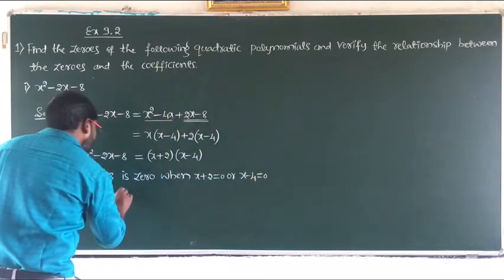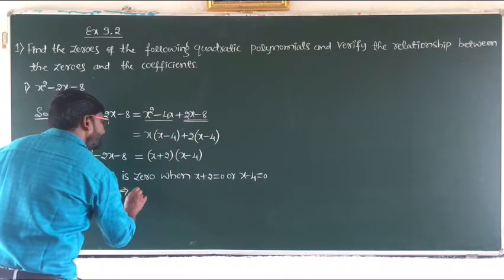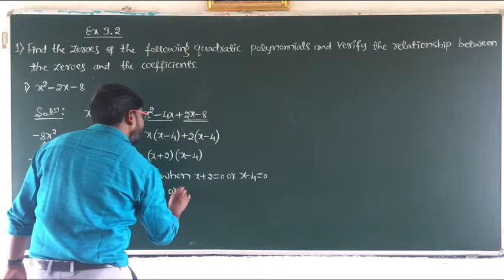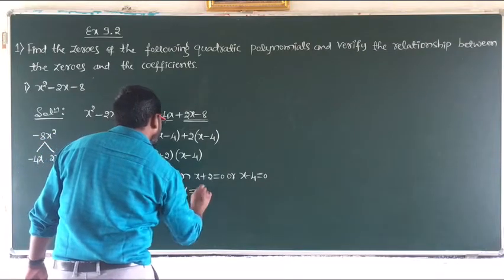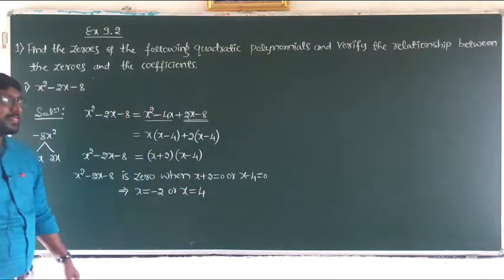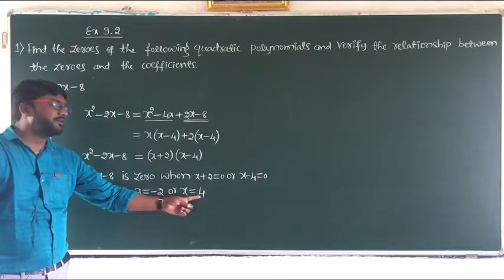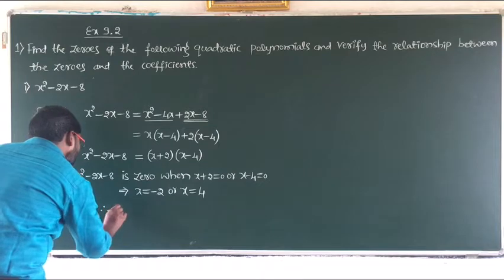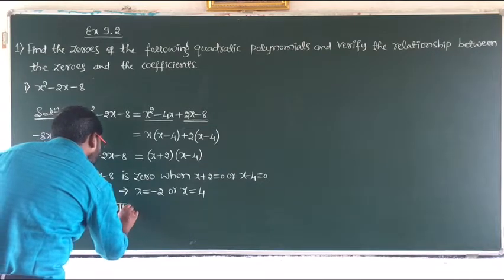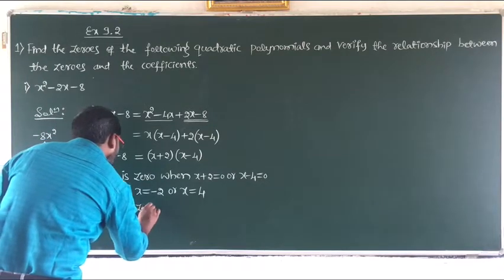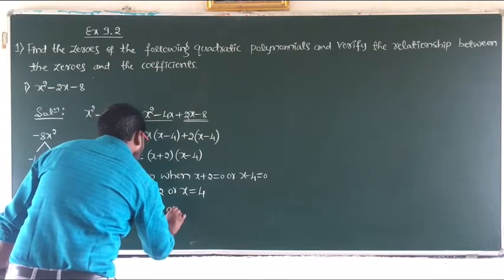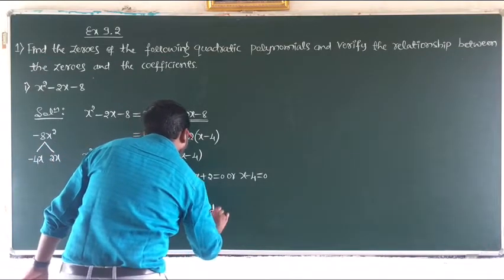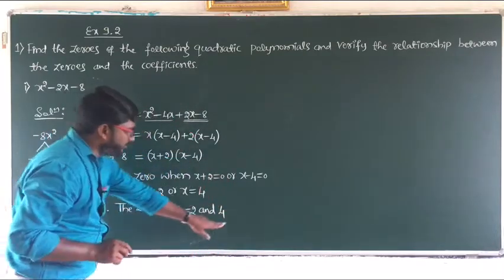This implies x equals minus 2 or x equals plus 4. So the two zeros are minus 2 and 4. Now we are done with the first part.